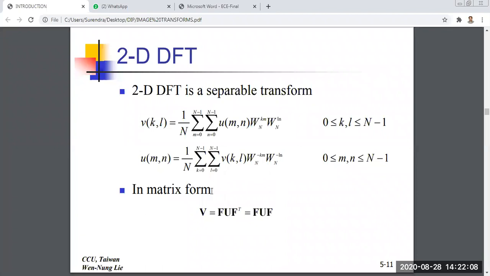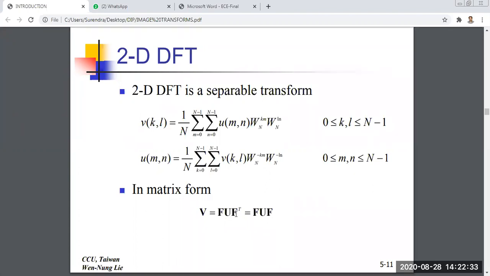However, in matrix form, 1 by n into u of m comma n, or 1 by n into v of k comma l, is treated as your F. So what is F? V equals F into U into F transpose, or F equals U into F. So what is U? U is your input image.